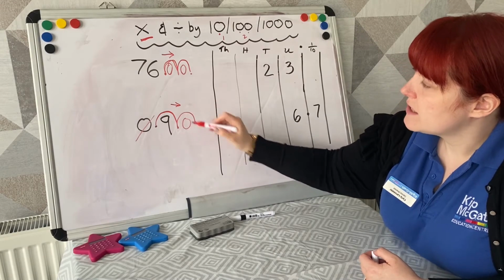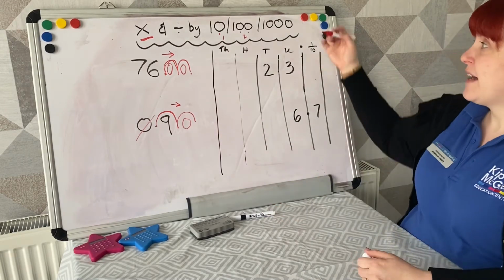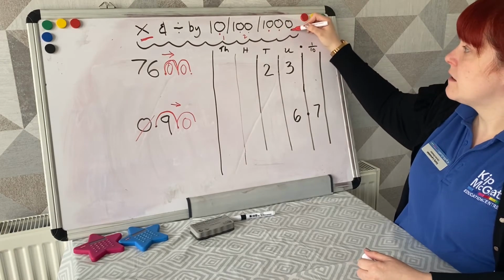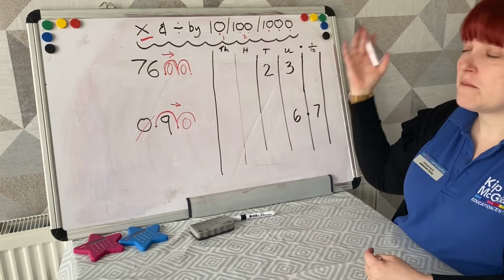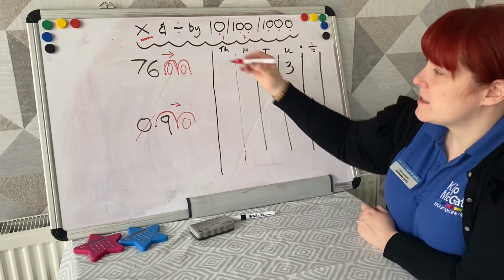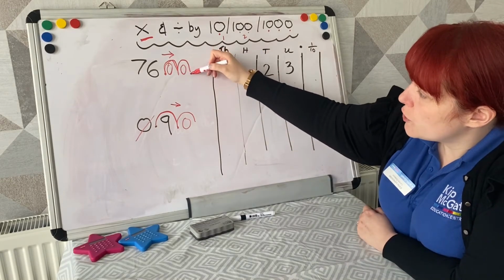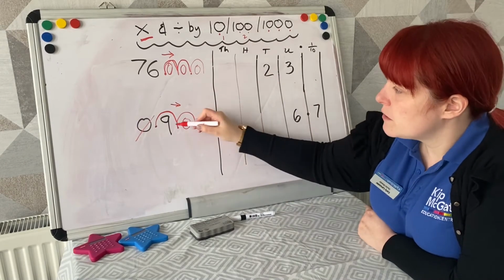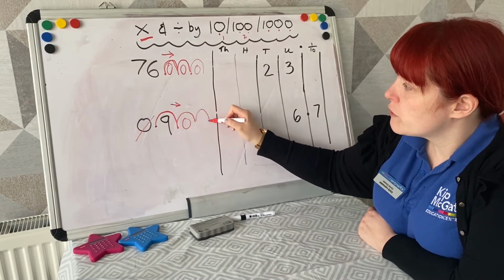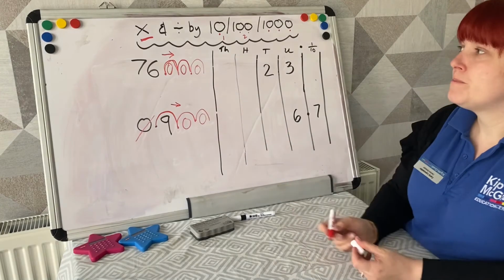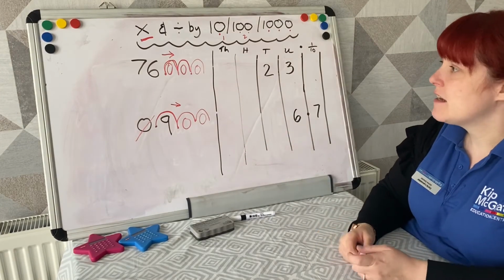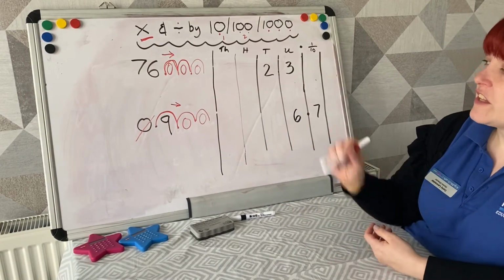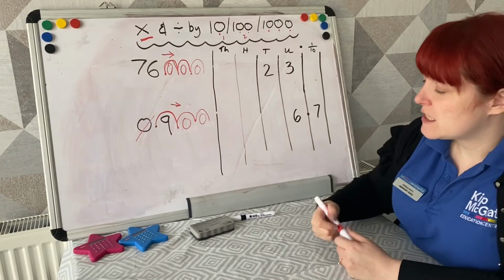So now I have 90. 1,000, we're timesing by 1,000. We're going to move our decimal point 3 places. So 1, 2, 3. So 76,000. This one, 1, 2, 3. So now we're on 900. So on this version, it's the point that's moving.